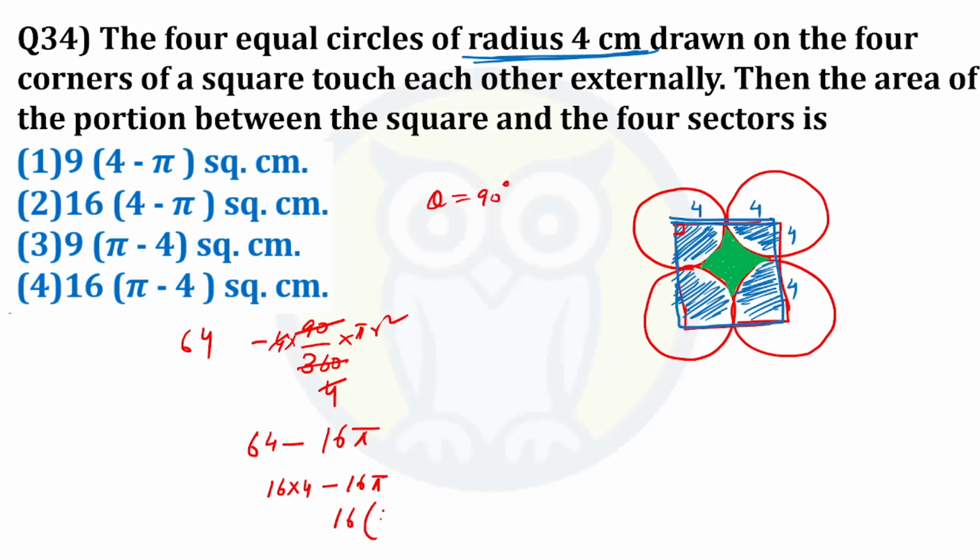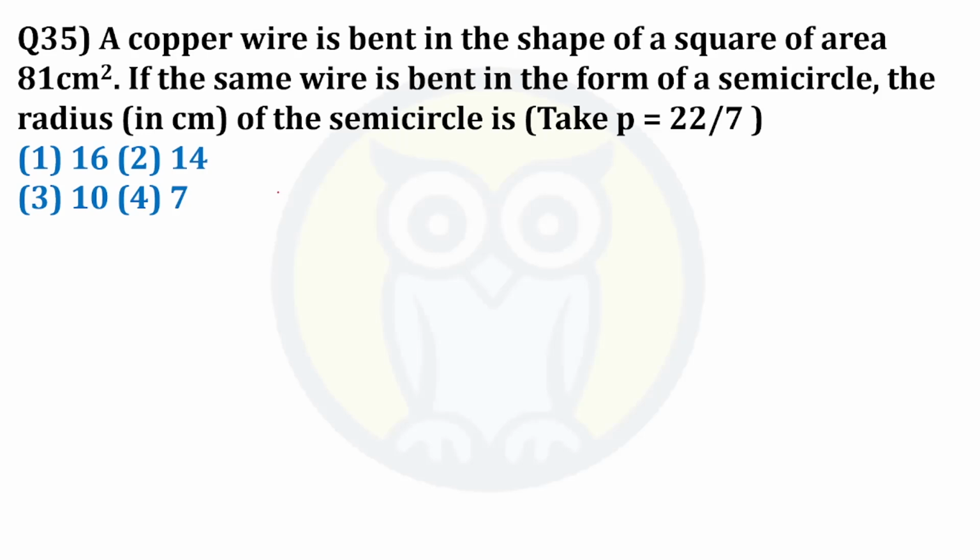4 minus pi. Question number 35: a copper wire is bent in the shape of a square of area 81 centimeter square.